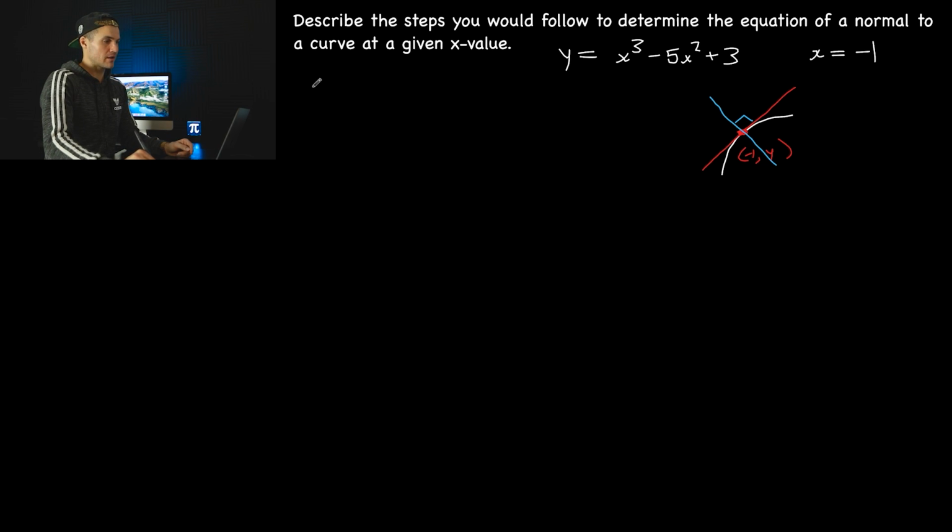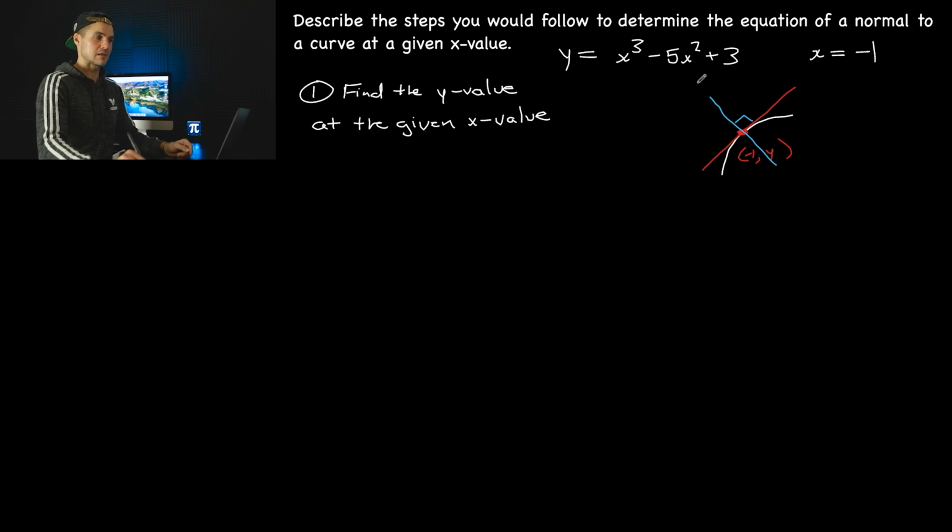So step one, I would say, is find the y value at the given x value, because we're only given the x value here. With this particular example, we would be finding f of -1.